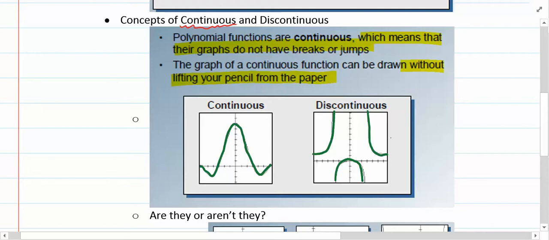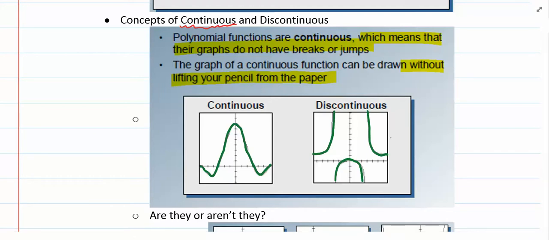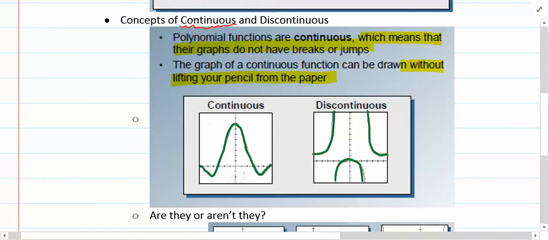Even if I zoomed out and looked at a wider picture, this graph here on the left again could be drawn without lifting my pencil. The graph might be doing some other strange curves over here on the left, but it would always meet up here, continue this pattern, and go off to the right, and it could make some strange shape there as well, and it would be continuous over the entire domain.